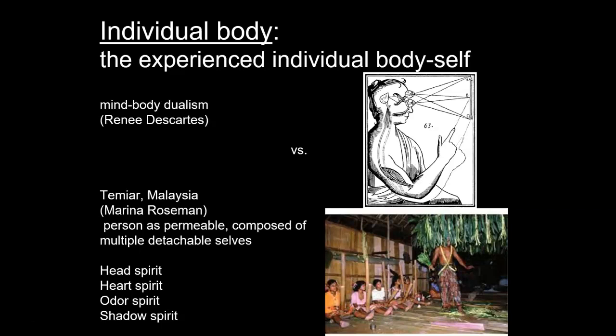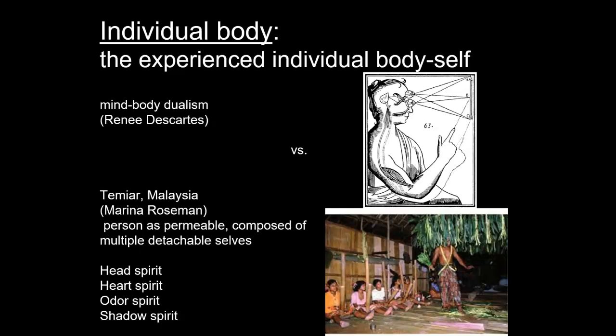The idea of mind-body dualism, this is his diagram here, is that the mind is the primary site of your personhood. Your body is the vehicle for your thinking mind, and that is really what constitutes yourself.